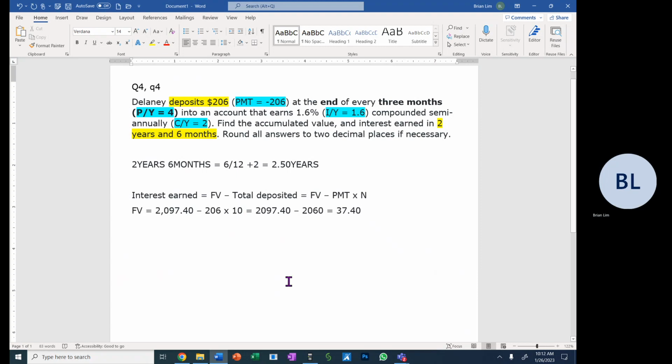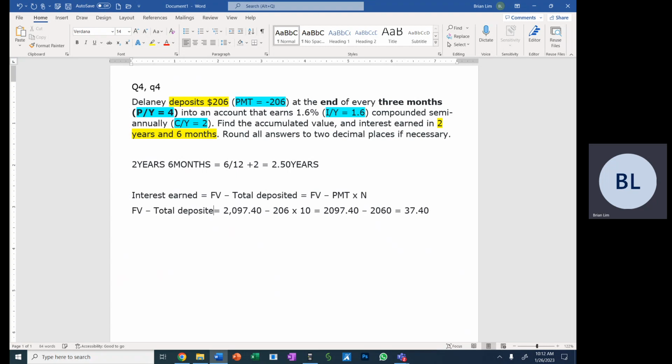Okay, so the future value was here. I should separate this, I guess, or maybe just put in here future value minus the total deposited. Yes, I got a little bit carried away there.